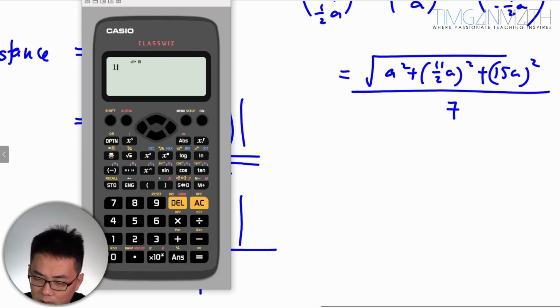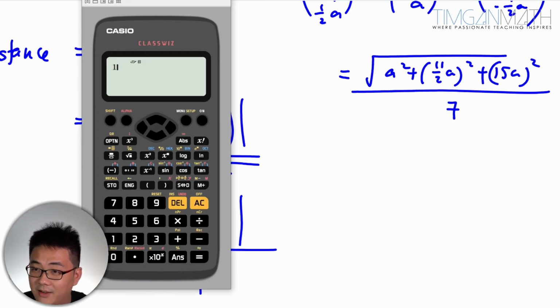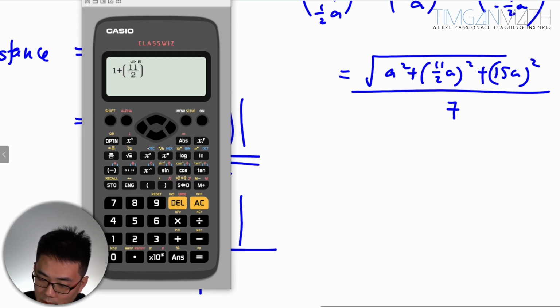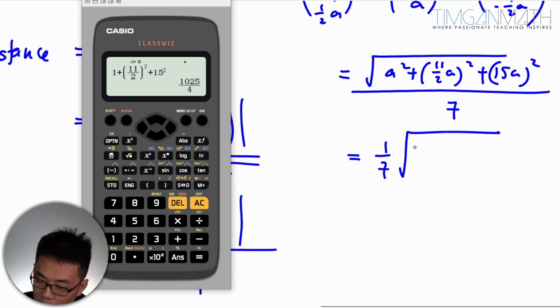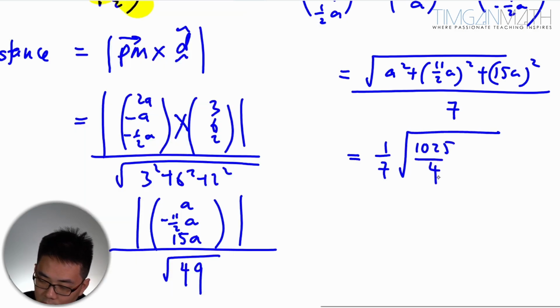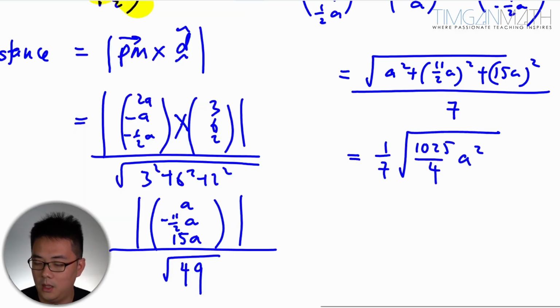So I'm not sure whether we need to find the exact value there, but we could just leave it like that. So plus 11 over 2 A square plus 15 square there. That will be 1 over 7, and this will just be 1025 over 4 A square.